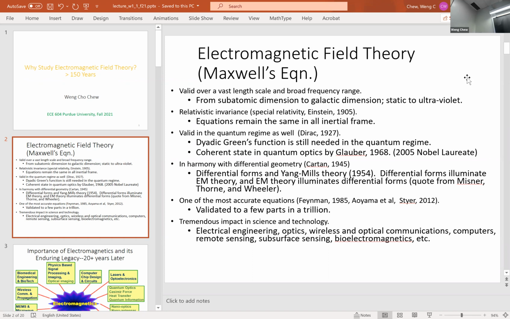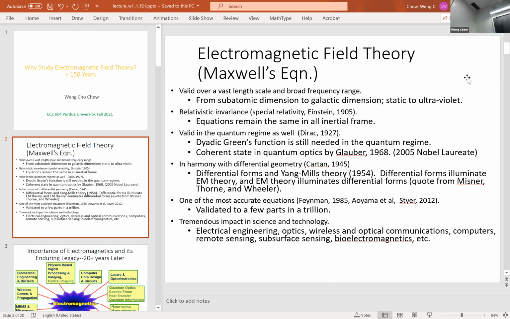Quantum regime is becoming very, very important these days because of things like quantum computers, quantum communications, and so on. So if you know how to do some calculations using classical Maxwell's equations, you are quite well prepared to do calculations in the quantum regime as well.